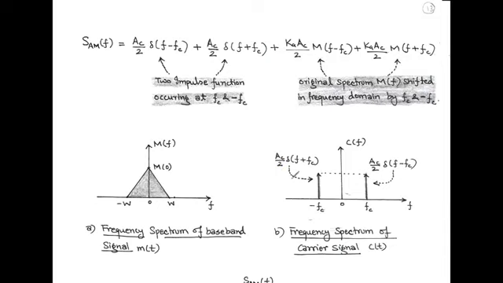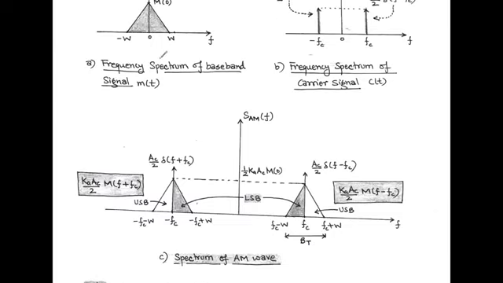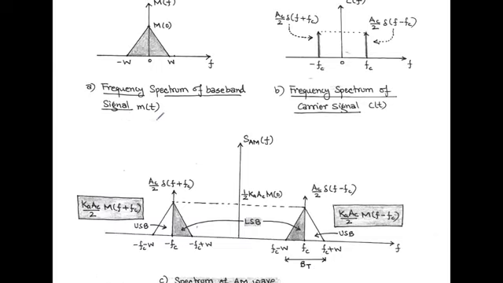It consists of two impulse functions that occur at plus minus fc and having a value A_c by 2, as shown in figure B. Now after modulation, the frequency spectrum of baseband signal as shown in figure A is shifted to plus minus fc, as shown in figure C.